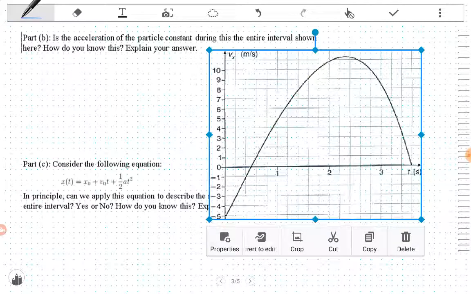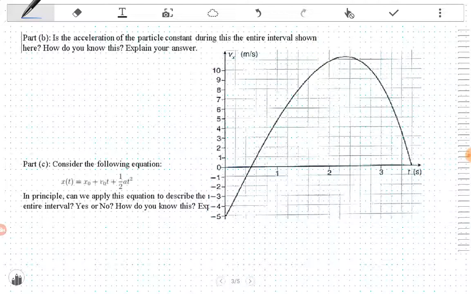Here I said, constant during the entire interval. No, it's not, because over the entire interval from t equals 0 to t equals 3.6, it's changing. The acceleration here is positive, it is accelerating. The acceleration here is negative. So it's not constant during the entire interval. So the answer is no.